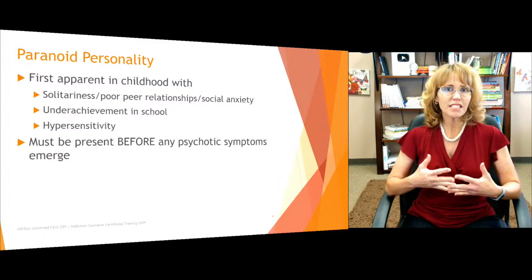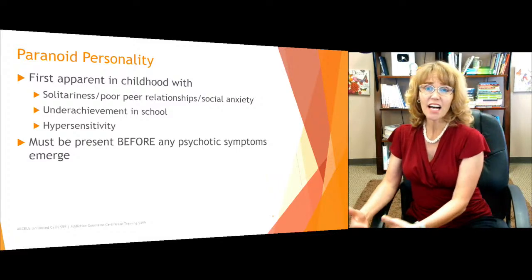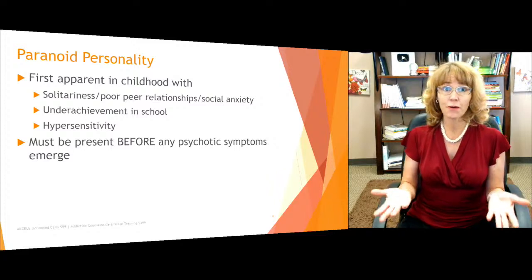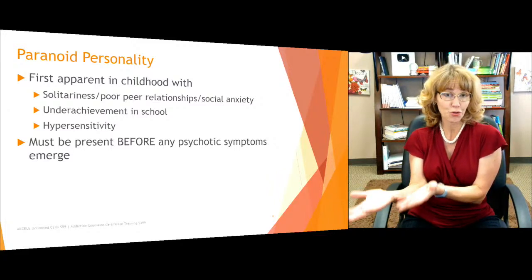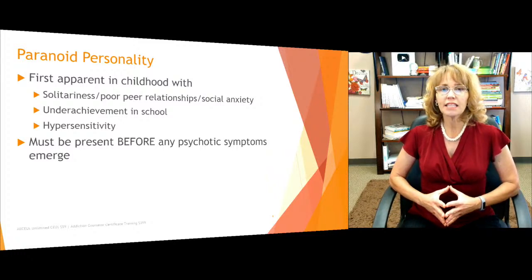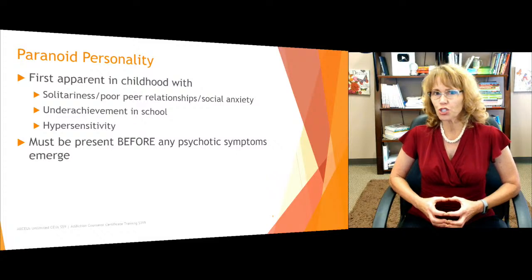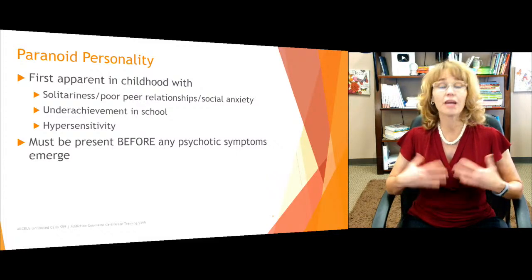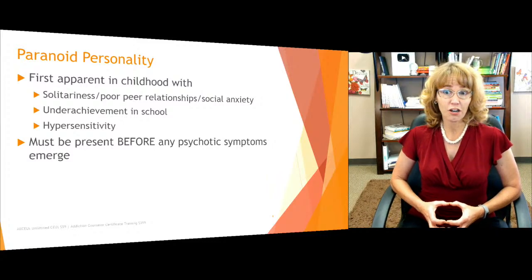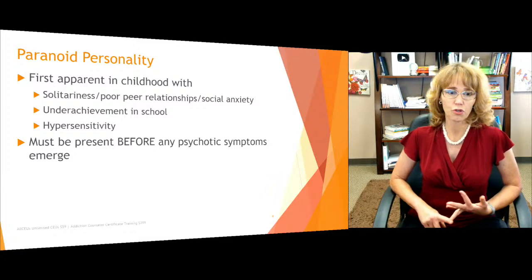These characteristics need to be present before any psychotic symptoms emerge, and that's one of the ways that you differentiate it from schizophrenia and spectrum disorders or depression with psychotic features: the poor peer relationships, the social anxiety, and the paranoid ideation are not concurrent with other psychotic symptoms, including hallucinations or delusions.